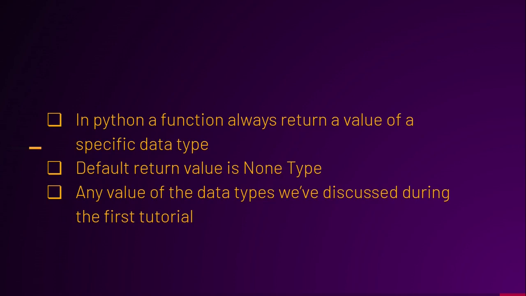From our first tutorial, we discussed different data types, and we are adding to the types in this video. As I've mentioned, we'll be adding lists, which we'll explore during the application part of the video. So you can define a function and return maybe an integer, maybe a string. It depends on you. You can return anything, to be specific.